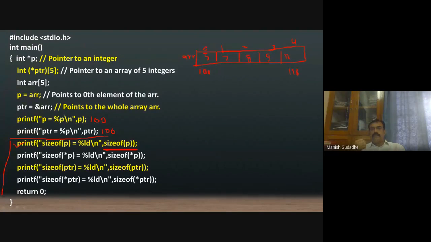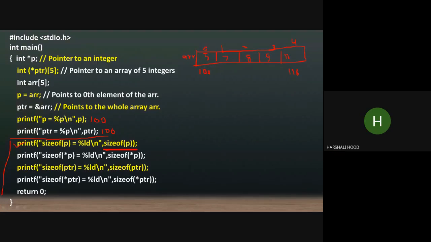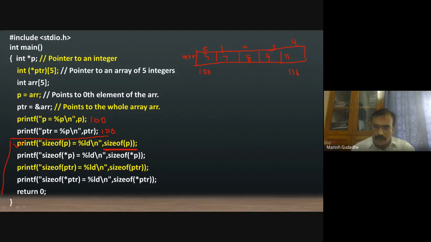Can you post it? Harshali: Sir, I think the size of P is the size of an address. Whatever the size of the address of P is, that will be the answer. I can't say particularly whether it's 100, 6, 8 or something like that. Is it right? Yes, you're right.